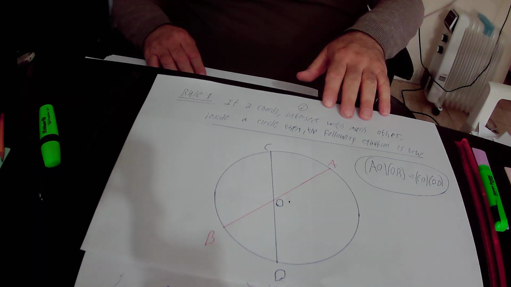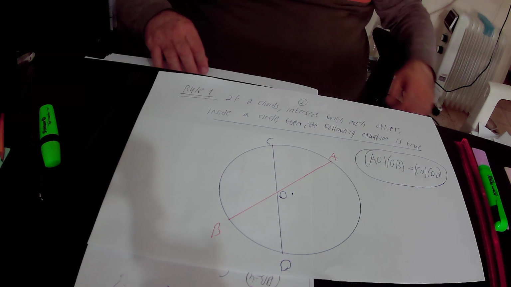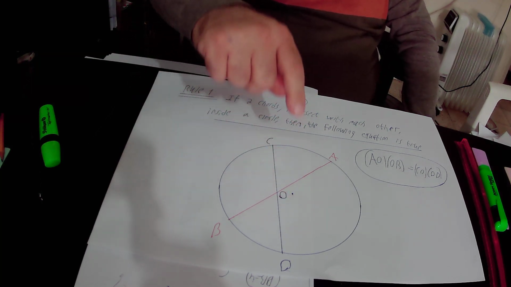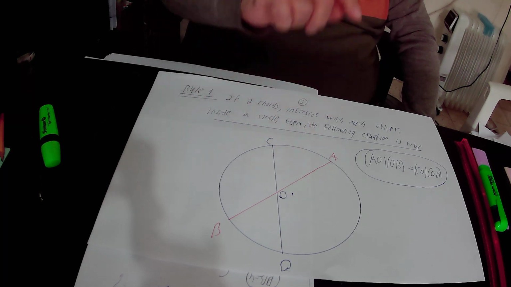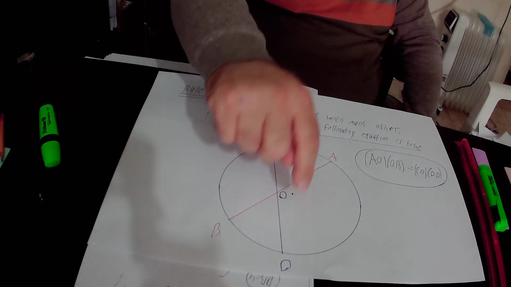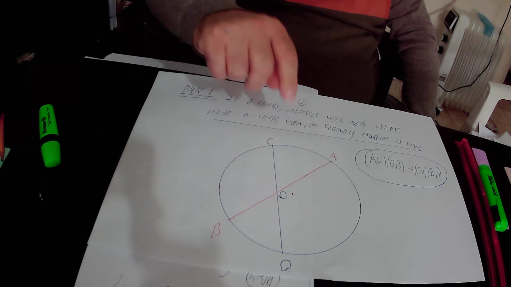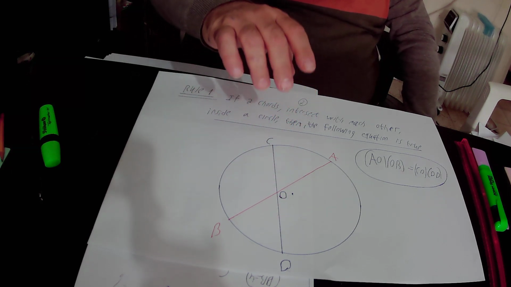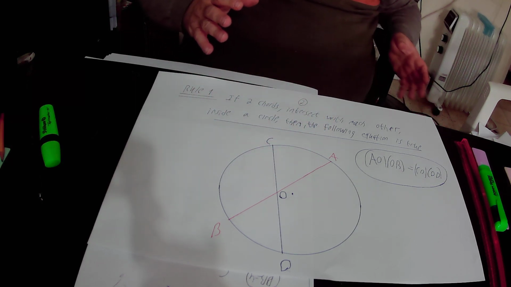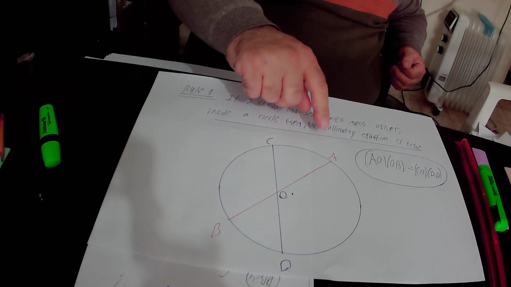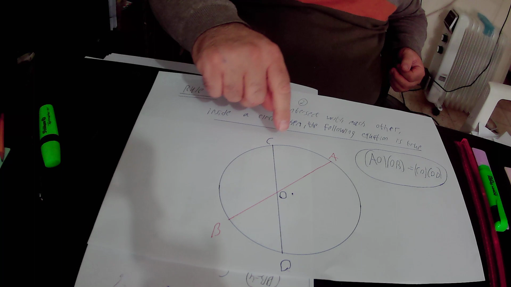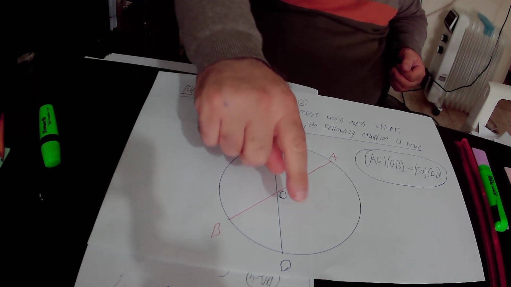Again, here we have chord AB that intersects with chord CD inside the circle at point O. Point O is the intersection point of chord AB with chord CD. Therefore, according to rule number 1, AO times OB equals CO times OD.